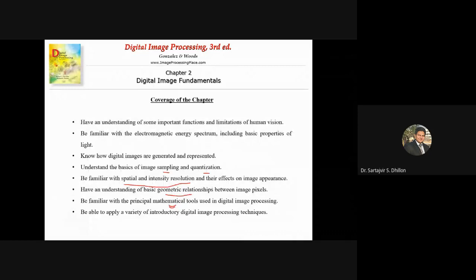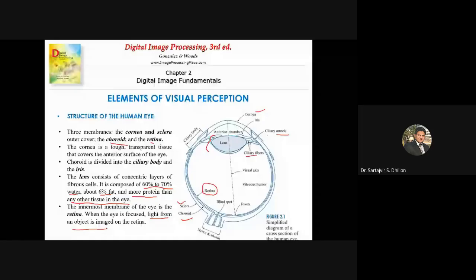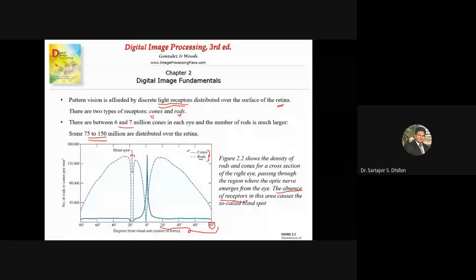In our previous lecture we covered the elements of visual perception, where we understood that the surface of the eye is made up of two receptors called cones and rods, and there are millions of cones and rods available.